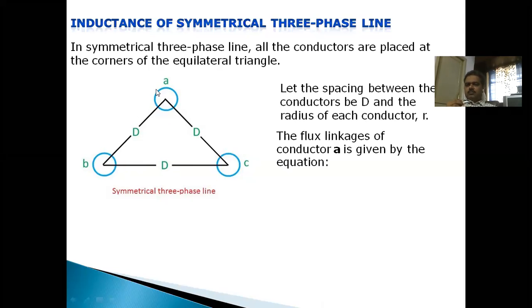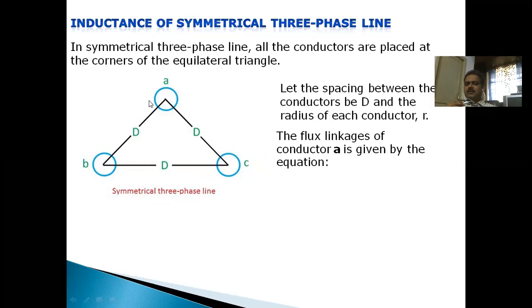Now I want to apply the same formula that we have derived previously. The flux linkage of conductor A is due to the current passing through conductor A, and because the other two conductors also carry currents, flux is generated around them that links with this conductor.